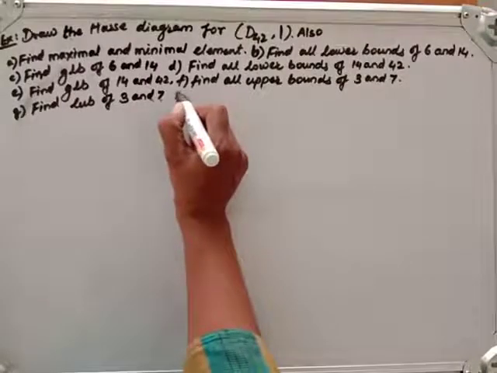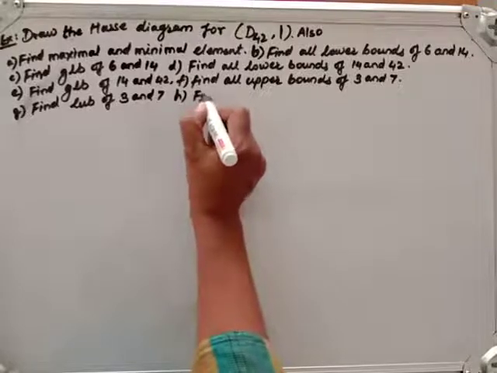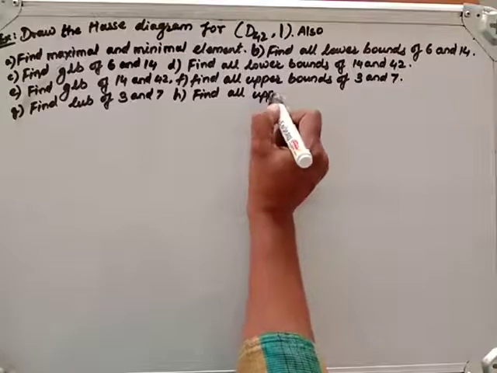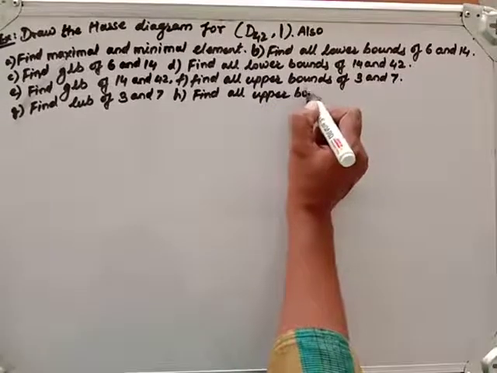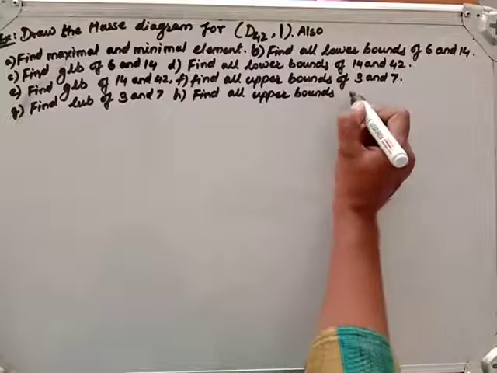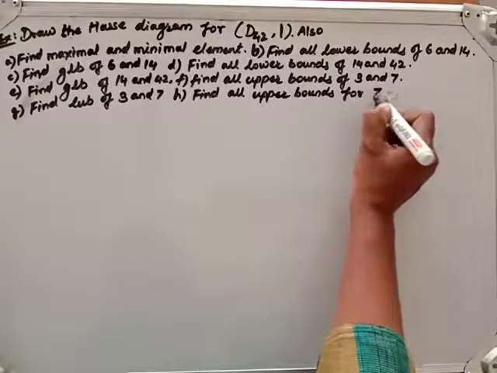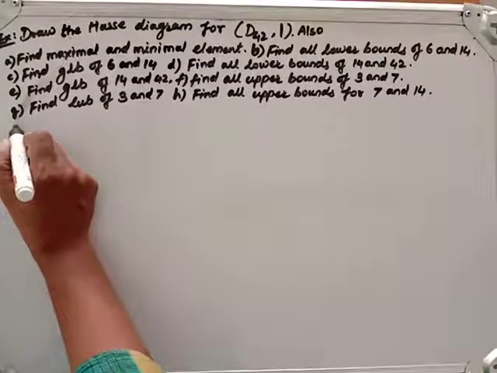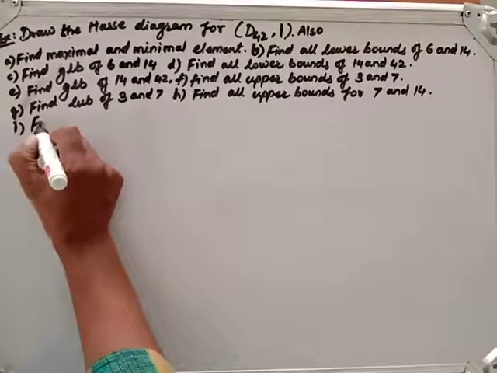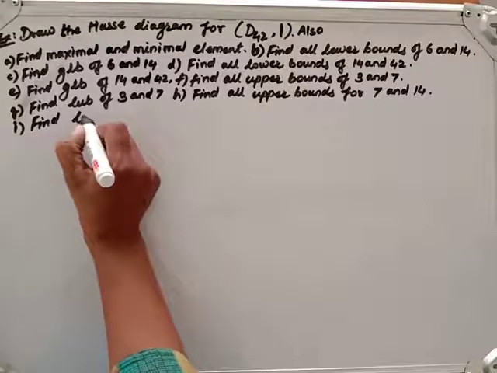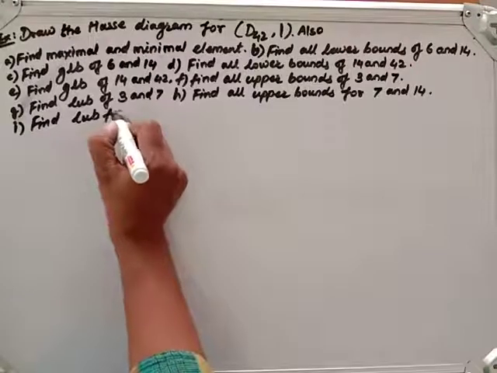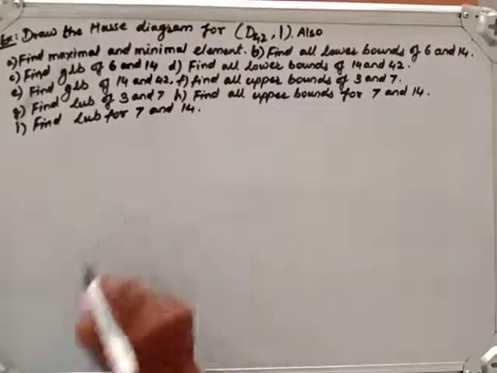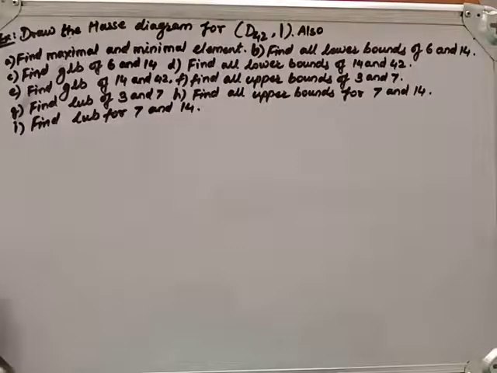Then next, (h): find all upper bounds for 7 and 14. And next one, (i): find least upper bound for 7 and 14. Suppose these are our questions.